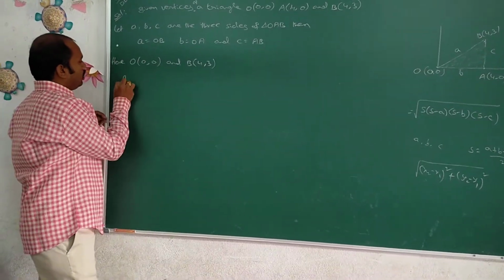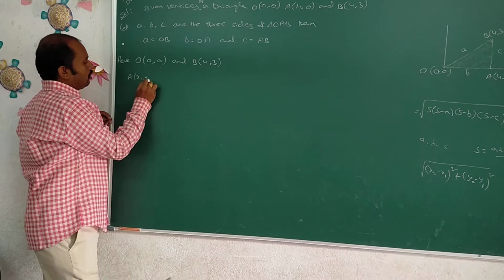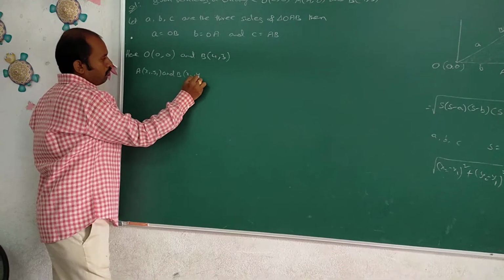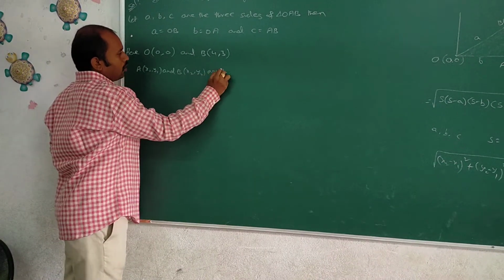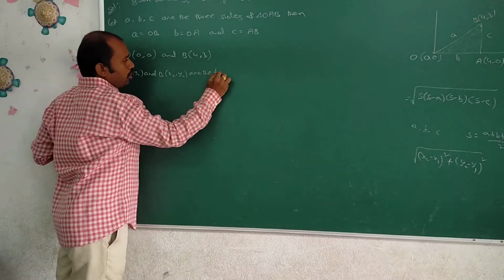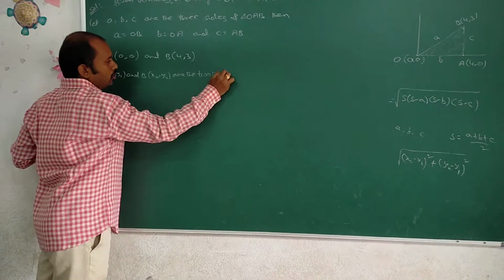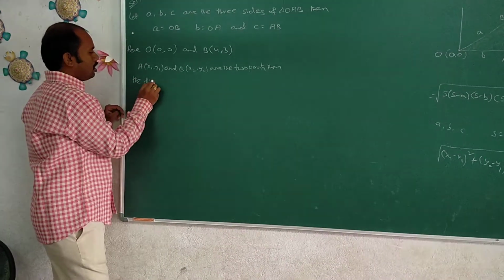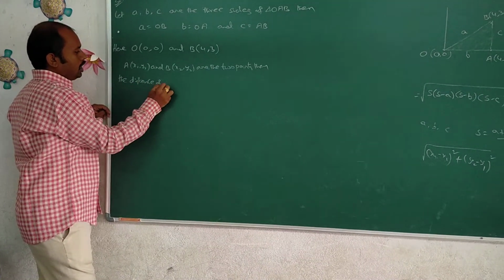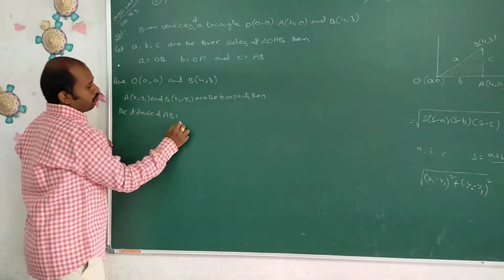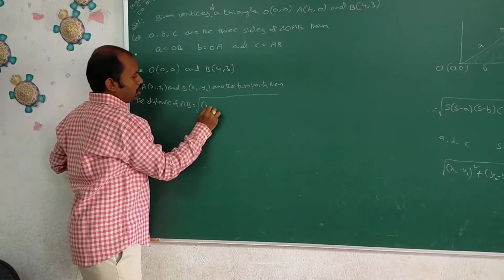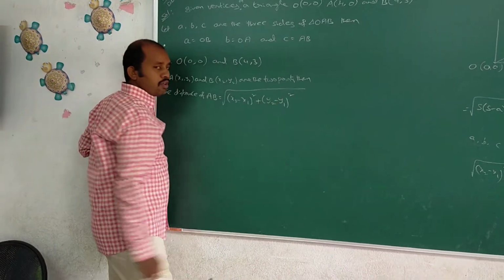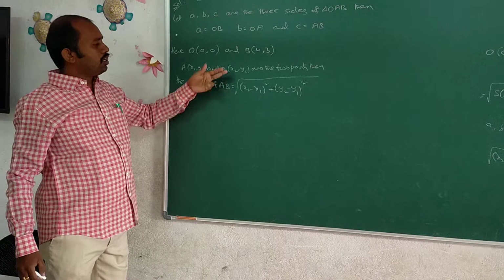First you write the formula. Let O (x1, y1) and B (x2, y2) be the two points. Then the distance OB equals square root of x2 minus x1 whole square plus y2 minus y1 whole square. This is the formula to find the distance between any two points.